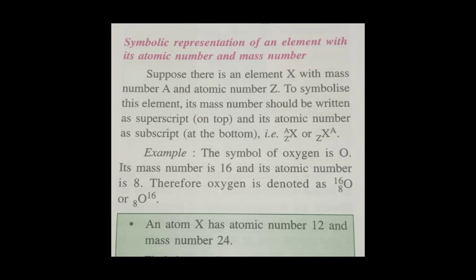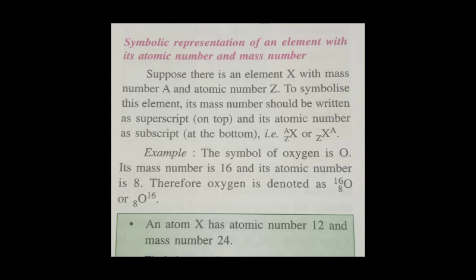We can take the example of oxygen here. The mass number of oxygen is 16 and the atomic number is 8, so it can be written as 8O16, whether 8 and 16 are both on the same side or on opposite sides.